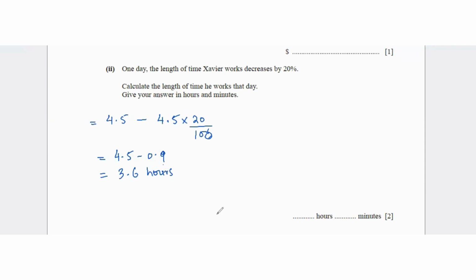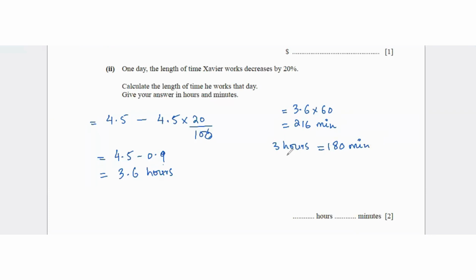Now we can convert this into hours and minutes. So what we do is we multiply 3.6 with 60 to convert it into minutes, and that's going to be 216 minutes. Now we know that 3 hours equal to 180 minutes.